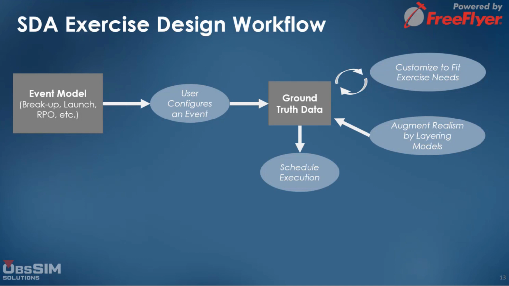And then the user takes that ground truth and schedules the execution. So as I said, FreeFlyer is a real-time system, so it can generate data in real time, meaning that the exercise designer puts in the truth data, and then obs get generated at a realistic cadence from that. And by operating in real time, it allows the system to respond to participants' actions.